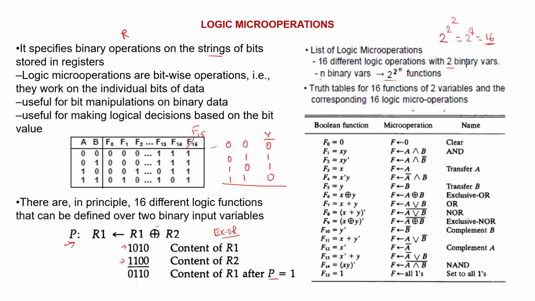If somewhere we have n binary variables... here we have taken only 2 inputs, A and B. On the basis of that, 16 combinations are possible. If you take 3 inputs like A, B, C, then with the help of 3 bits, how many combinations will we have? That will become 2 exponent 2 exponent 3.